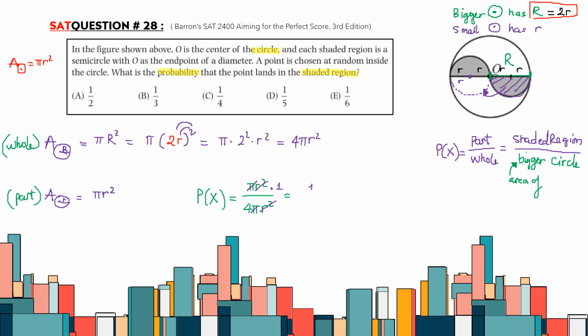So it's 1 over 4. In percentage or decimal, it will be 0.25 or 25%. So the right answer is C, 1/4.